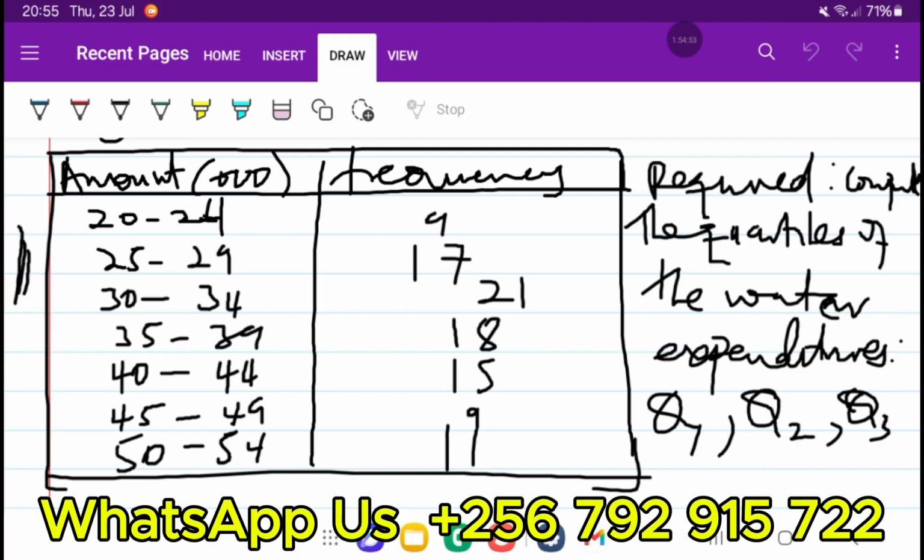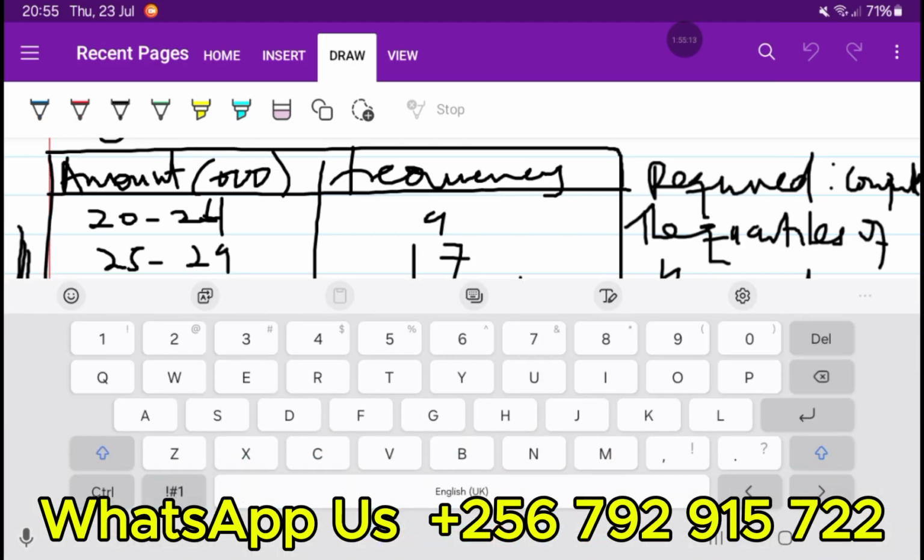So one thing that we need to note is that we said for you to identify the quartile classes, you have to divide the total frequency by those different quartiles. If it is the first quartile, then you divide the total frequency by 4, or you just get 25% of that.